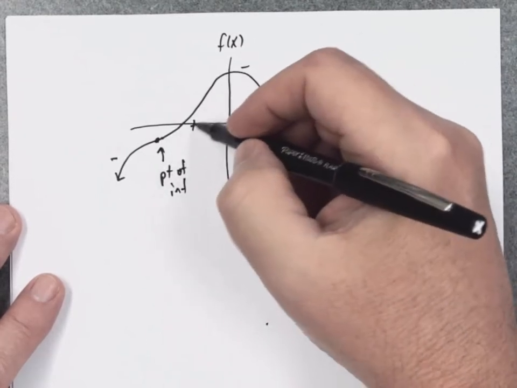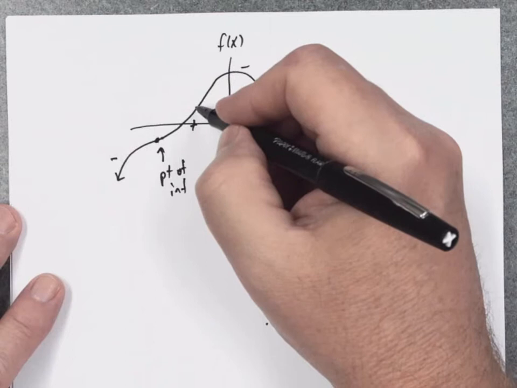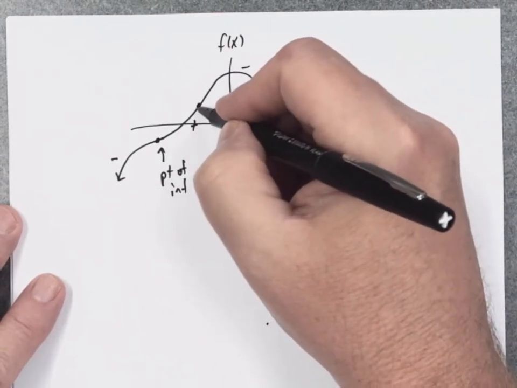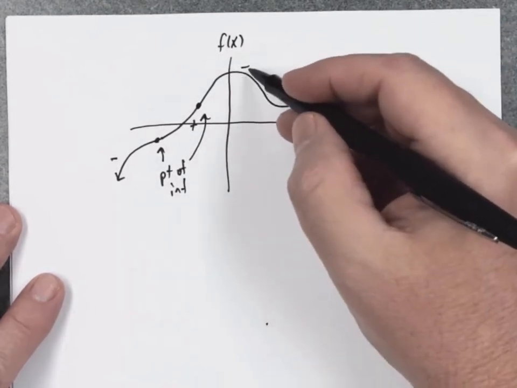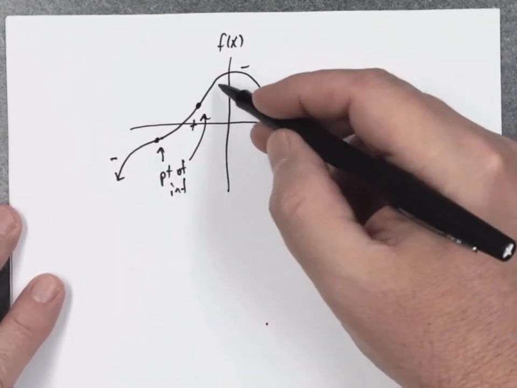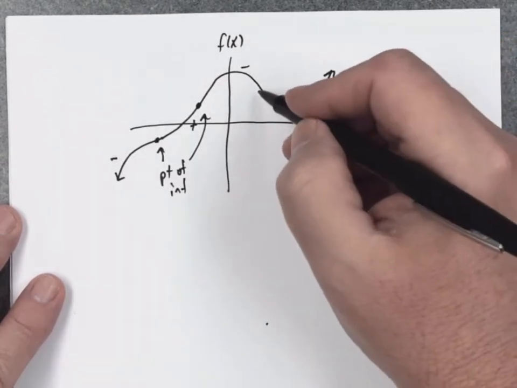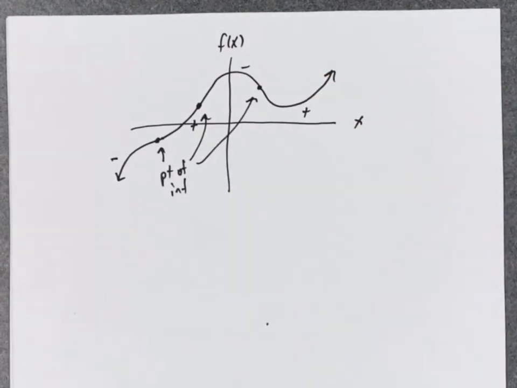Now here, the concavity is positive, but by the time you get to here, it's gone negative. So once again, anytime the concavity changes, there has to be a point of inflection in there somewhere. And the same thing here, the concavity is negative, concave down, and then concave up. So in here someplace, another point of inflection.